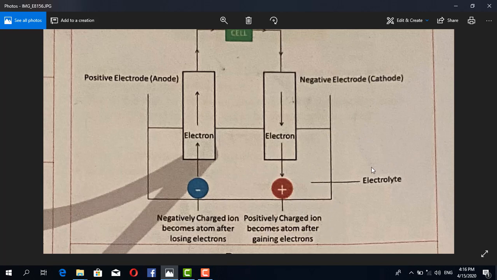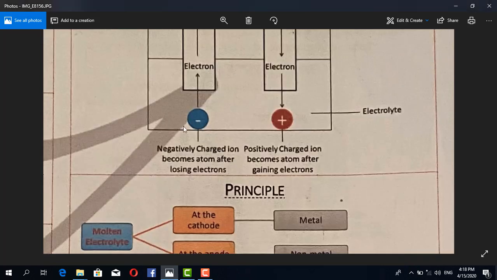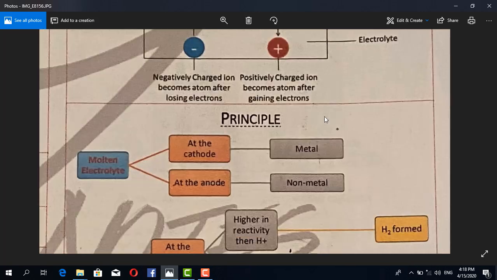The ions attracted to the cathode are positive, because the cathode is negative, and vice versa for the anode, which is positive, so the ions which go there are negative. As you can see, the negatively charged ion becomes an atom after losing electrons, and the positively charged ions at the cathode gain electrons.